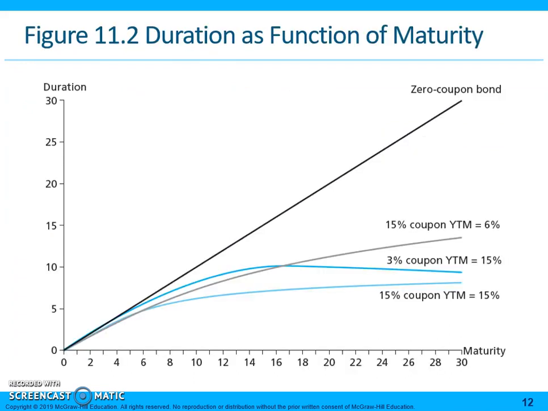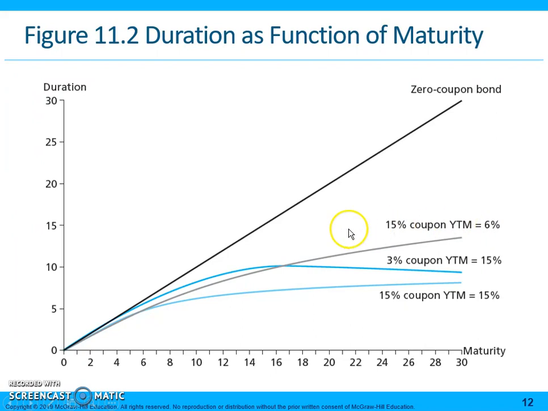Figure 11.1.2 just shows duration as a function of maturity. We start at the top here. We see that the zero coupon bond has a linear relationship. The 5-year zero coupon bond has a duration of 5 years. A 30-year zero coupon bond has a duration of 30 years. If we look at these others, we have a 15% coupon bond with yield to maturity of 6%.